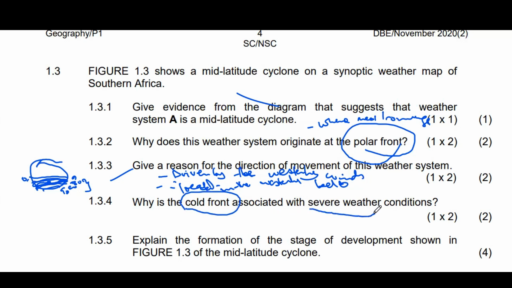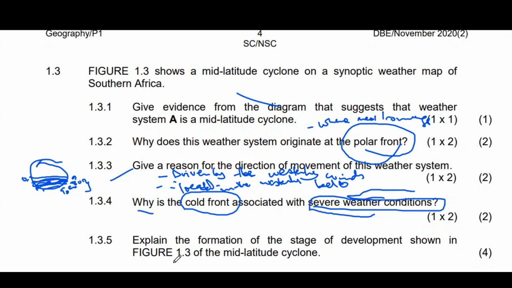The severe weather conditions. You see this cold front and the severe weather condition. Why? Why means give reasons. Don't forget the mark allocation. It's 1 times 2. That means it is 1 point.